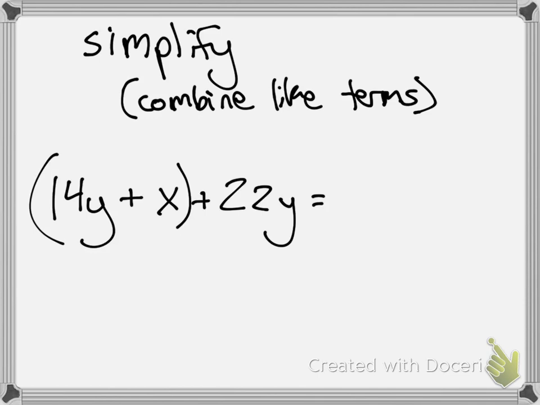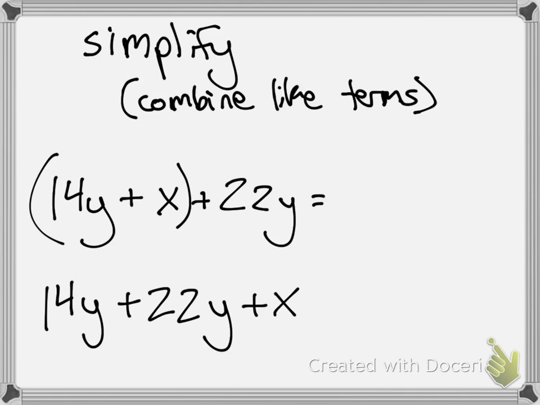So I'm going to rearrange it and write 14y plus 22y plus x. Totally works. I rearranged my order. It's fact family. When I solve this, I get 36y plus x. That's my whole answer.